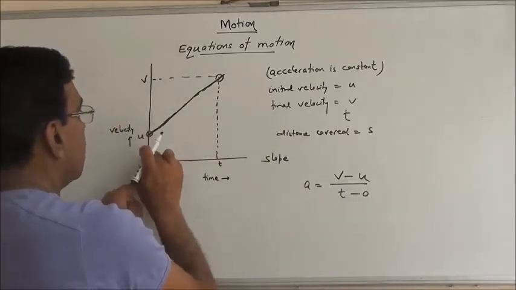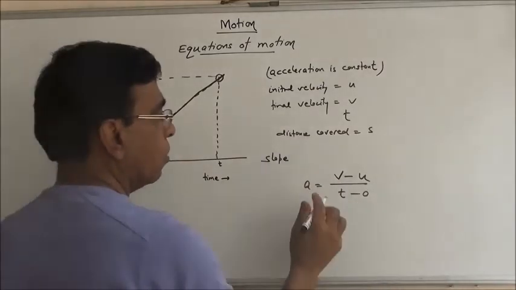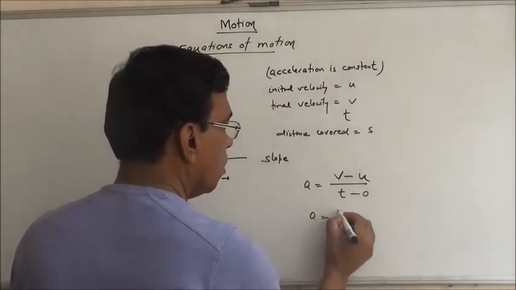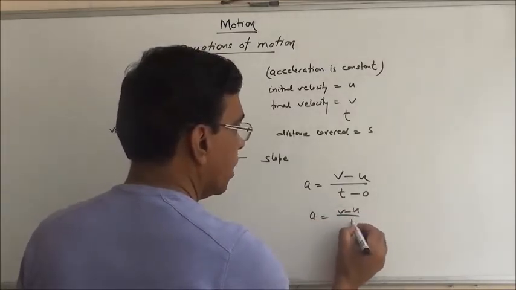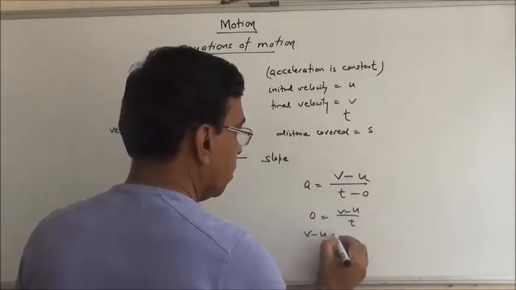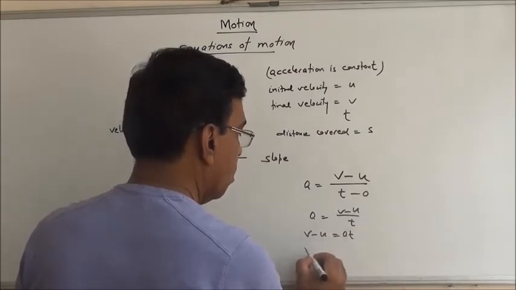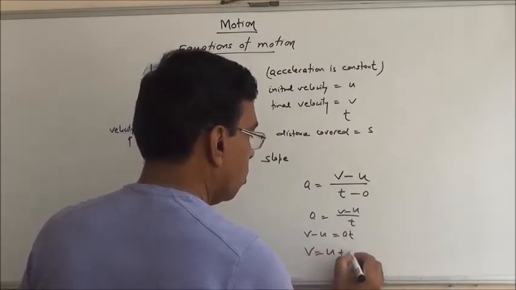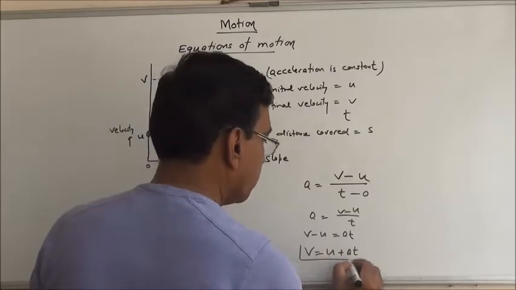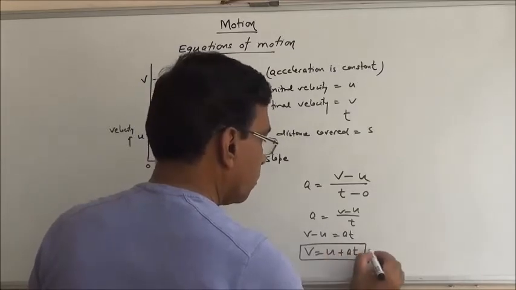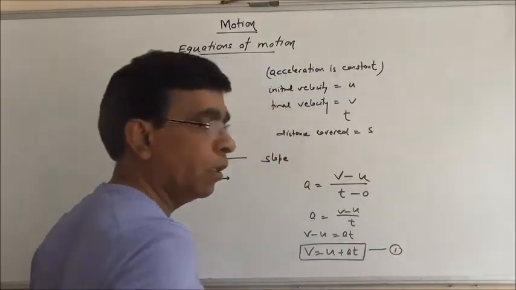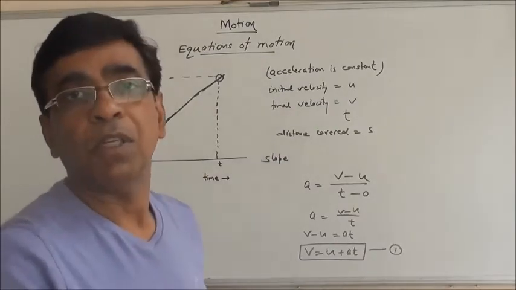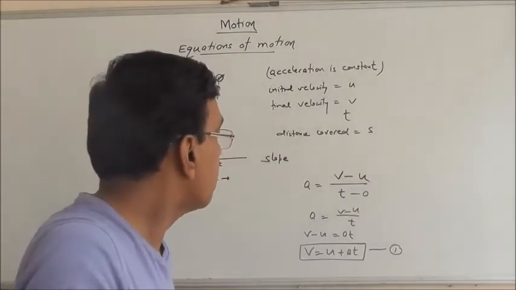This point: velocity u, time 0. So a is v minus u by t, or v minus u is equal to at, or v is equal to u plus at. This equation is called the first equation of motion.